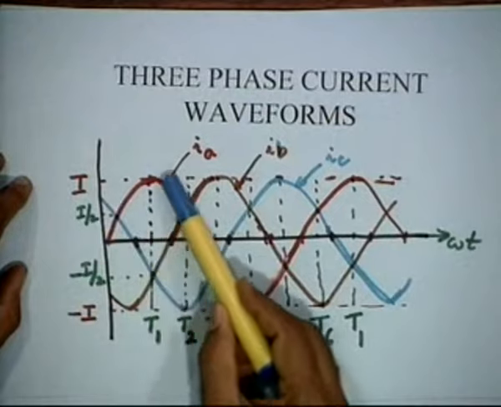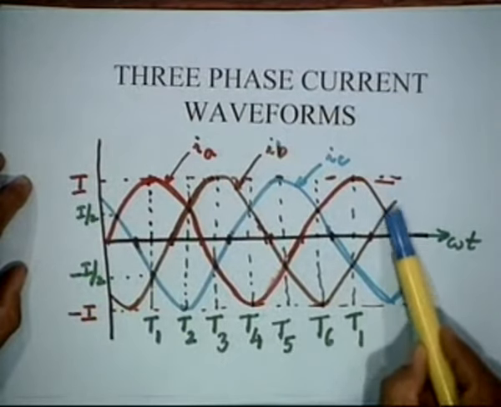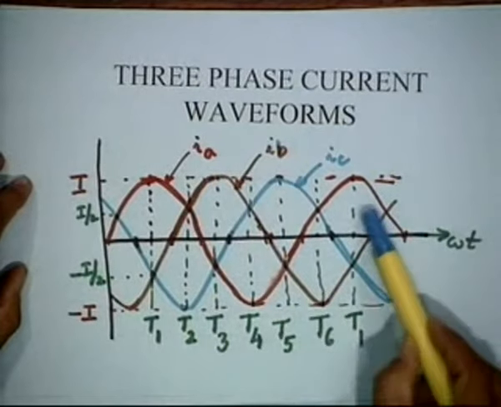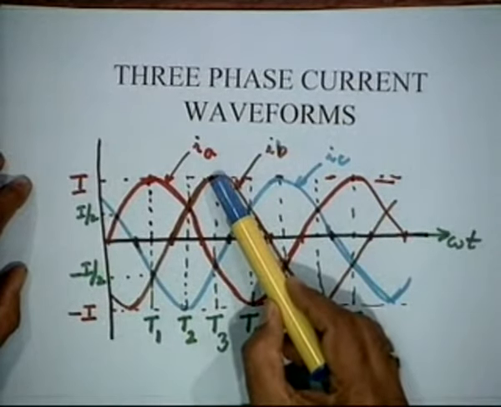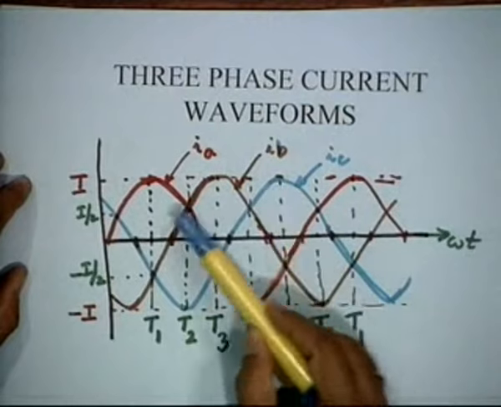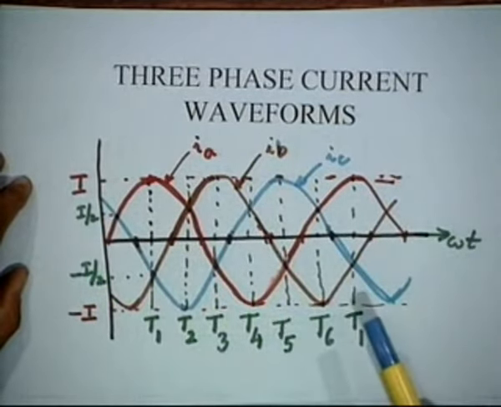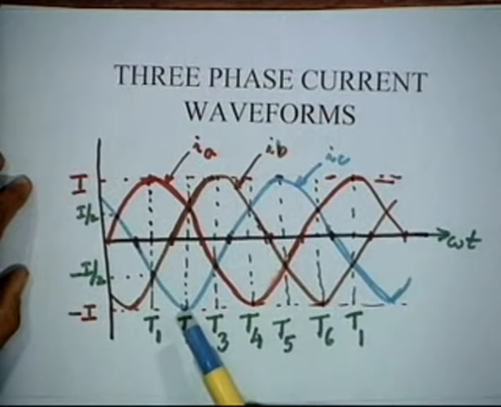Let us say you have the A phase, and you have the B phase, which is lagging the A phase by 120 degrees electrical, and you have the C phase, which is lagging the B phase by 120 degrees. Okay.